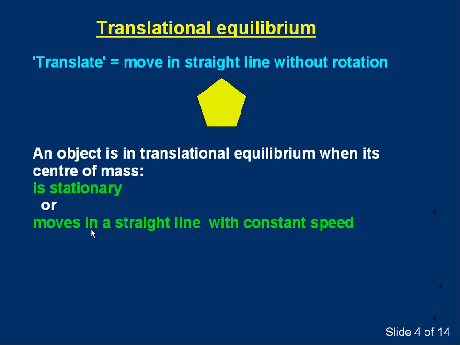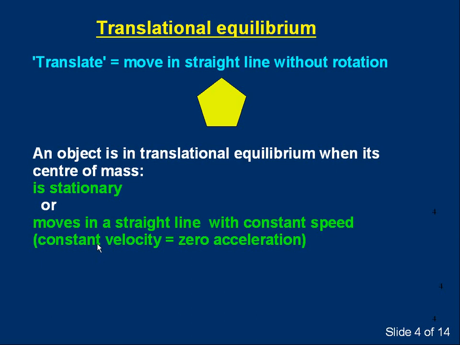So its centre of mass would have a constant velocity, which means 0 acceleration. And that's what we mean by translational equilibrium, something that's stationary or moving with constant velocity, or its centre of mass is doing this.